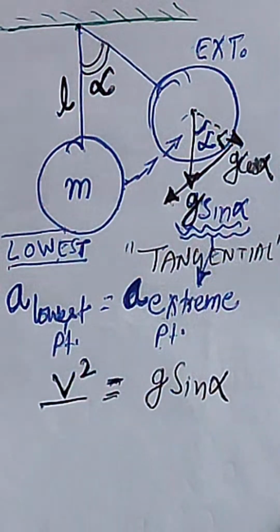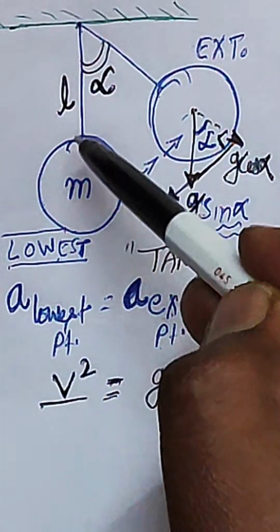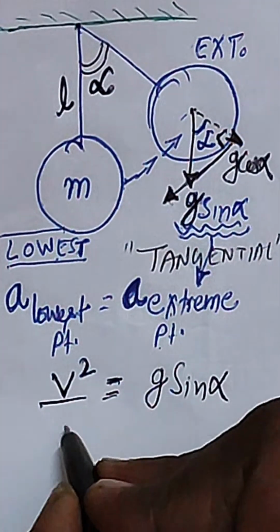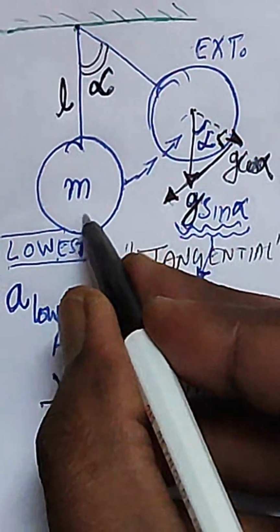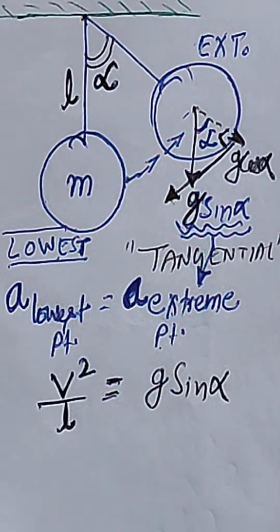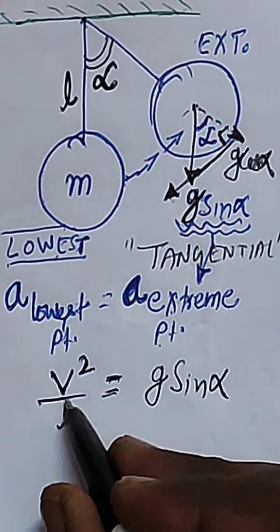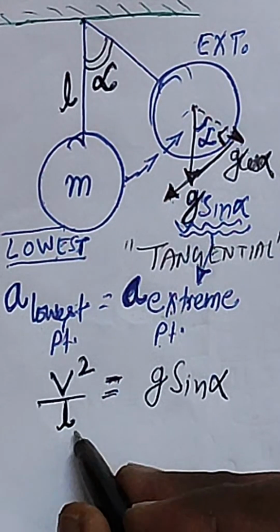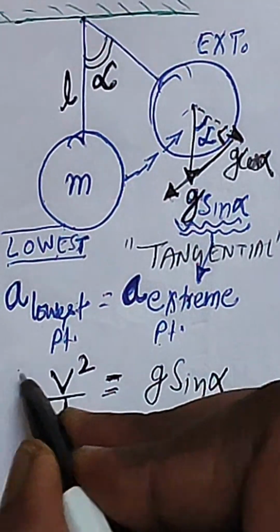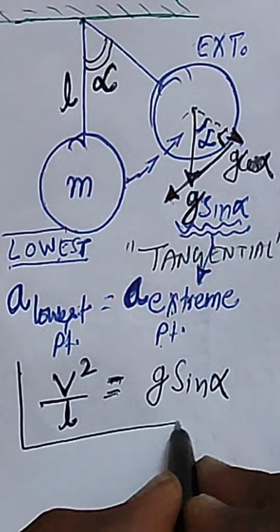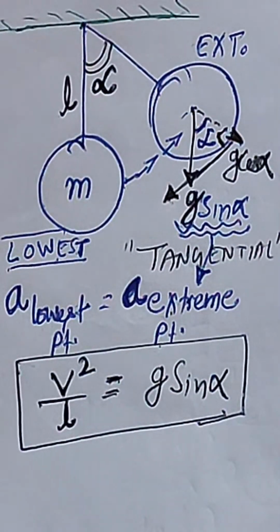Because the ball is swinging in vertical motion and this will be the radius, it's equal to v square by l. This is the acceleration at the lowest point. Now when you compare, you get the relation v square by l equal to g sin alpha. So this is the relation which is already given in the question.